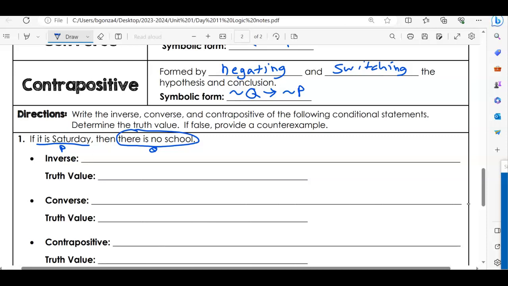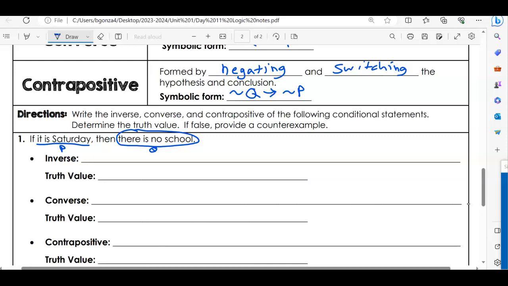What's the opposite of it is Saturday? It is not Saturday. Now be careful. What's the opposite of there is no school? You could say there is not no school, but that's not grammatically the best way. You could just say there is school. So that's the inverse.